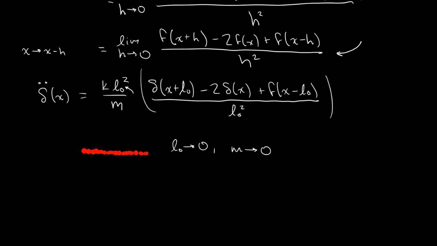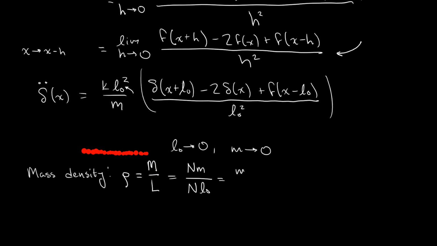So how we'll do that is we'll talk in terms of a mass density, a linear mass density in particular, which I'll call rho. And this is going to be big M divided by big L, where big M is the total mass of the system, so this is n times m, and L is the total length of the system, which is n times L naught.